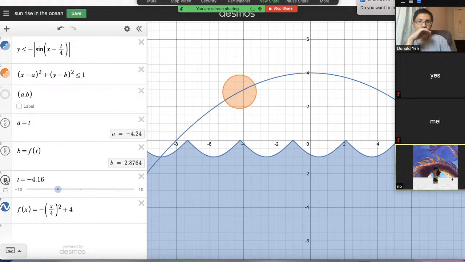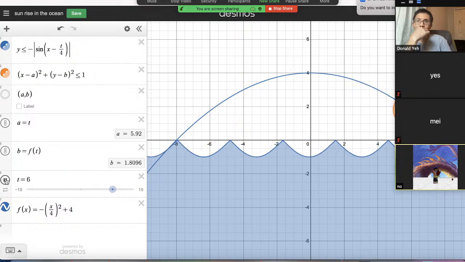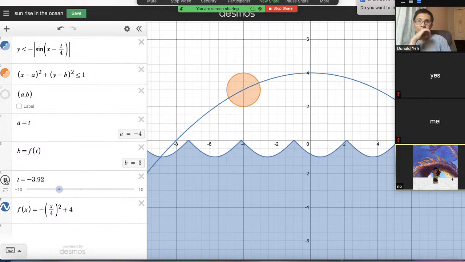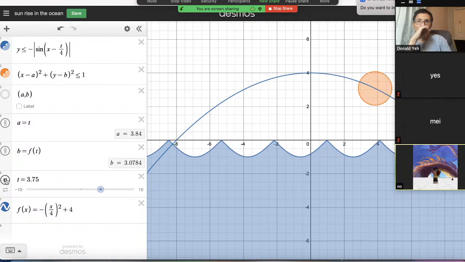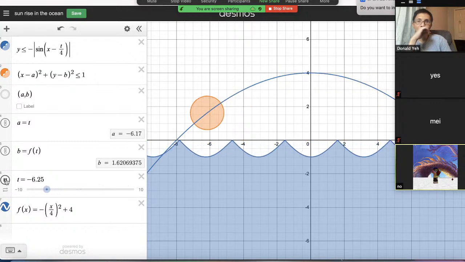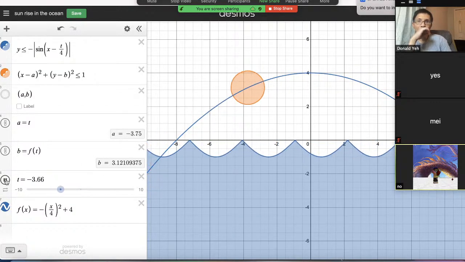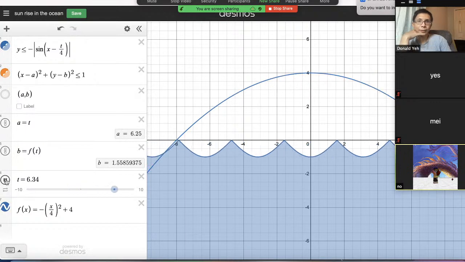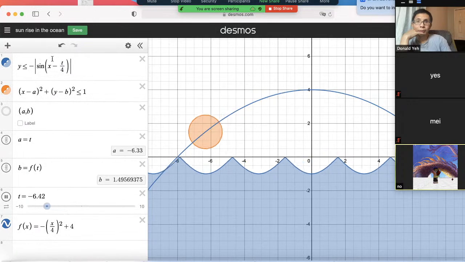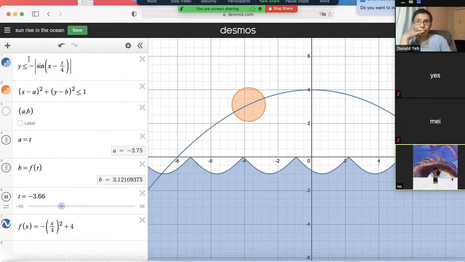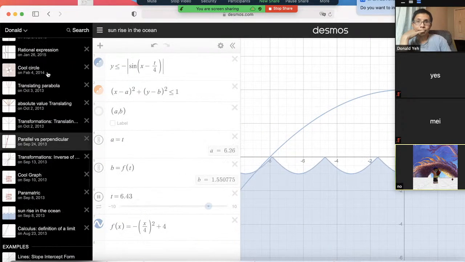Square root of B. What is it? I think I need a equal. I need a parenthesis, A comma B, here in order to work. Let me try that.